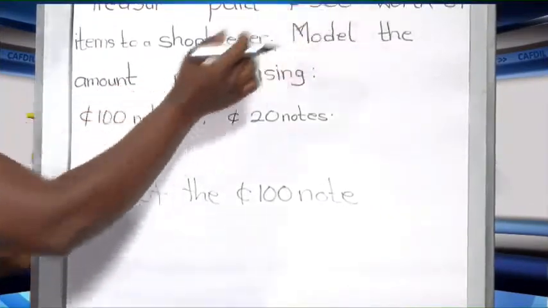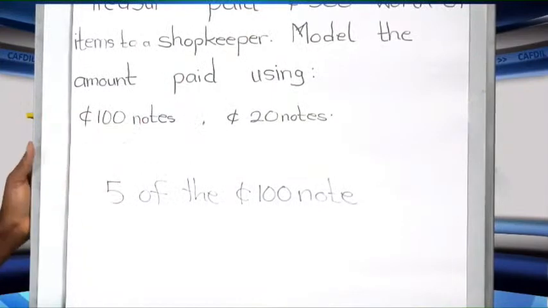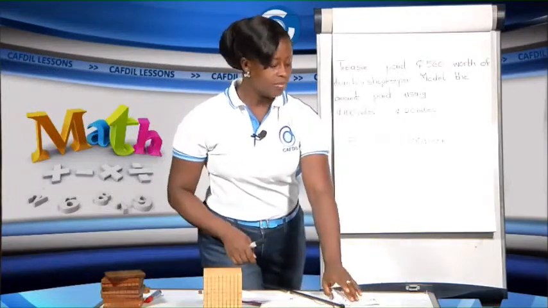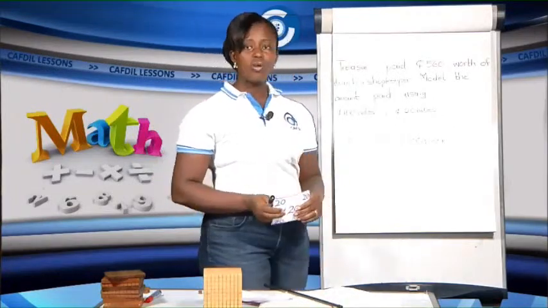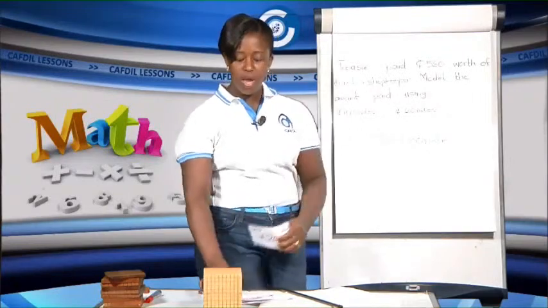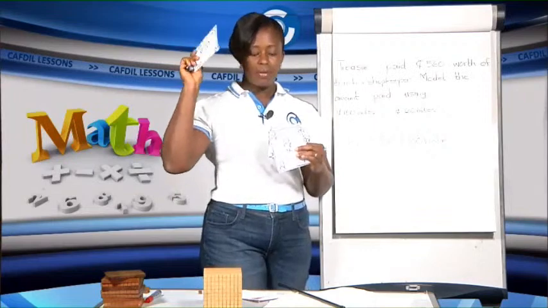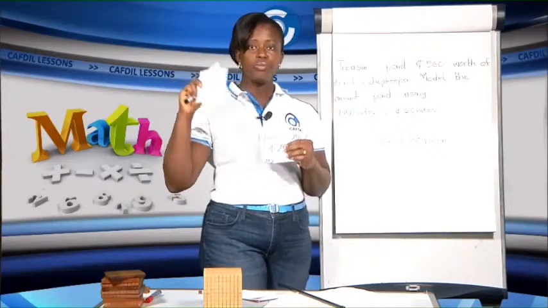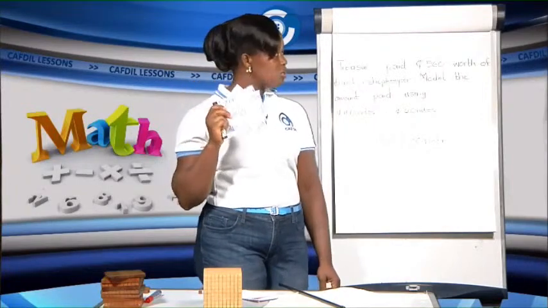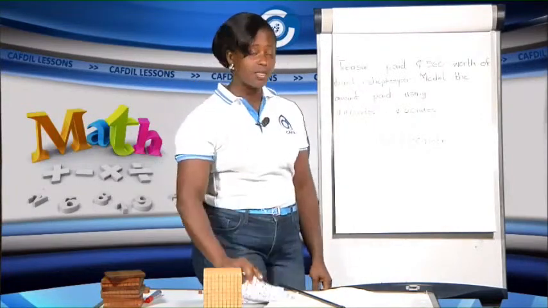Now we are left with a 60. So let's move to the 20 cedis. How many of the 20 cedis will give us 60 cedis? So with the 20 cedis notes, we're going to have 3 of them. 1, 2, and then 3. So 3 of the 20 cedis notes will give us 60 cedis.